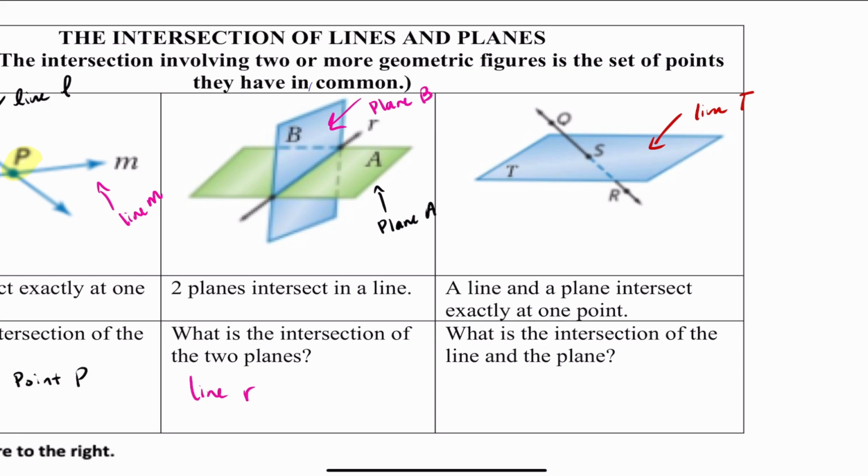So we can call that line QS or line SR or line QR. And then we know that they intersect at exactly one point, as stated over here. They intersect here at point S. So we can call that S or point S.